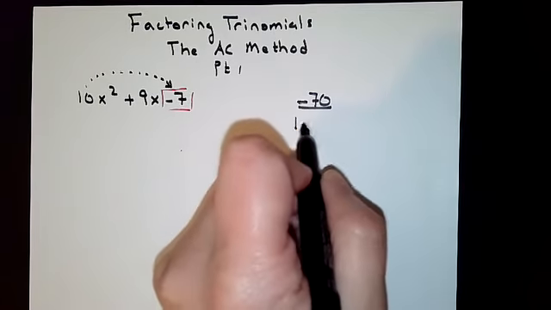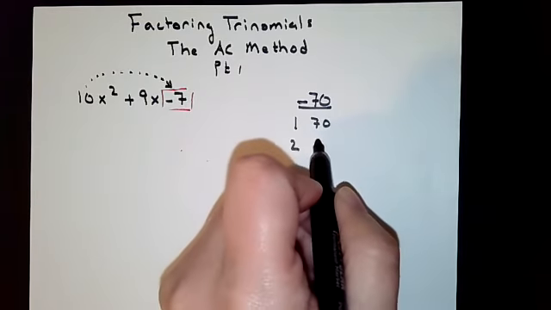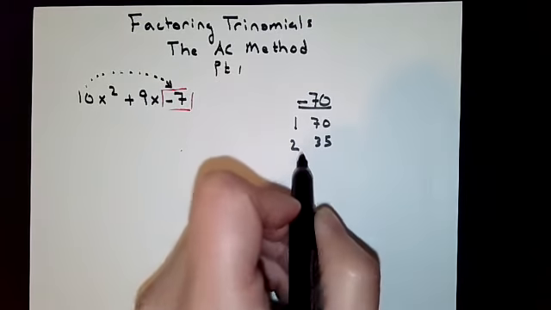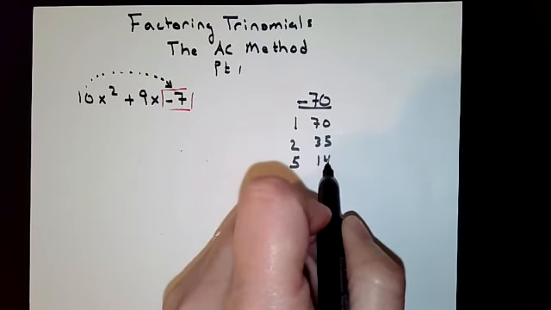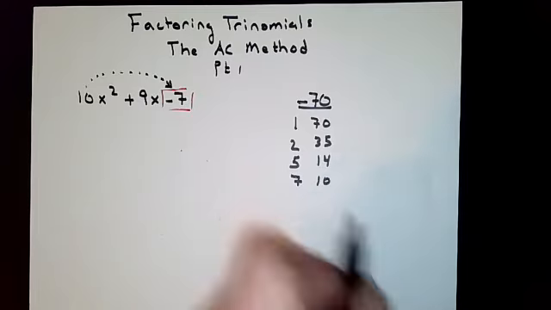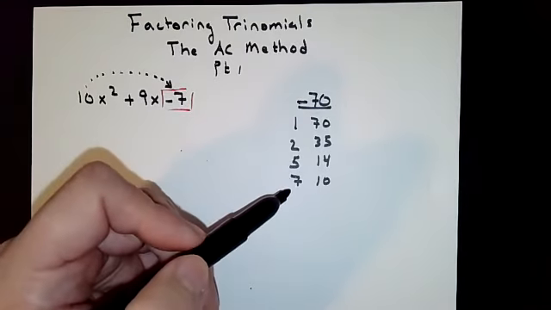Well, we could multiply 1 and 70. We could multiply 2 and 35. We could multiply 5 and 14. We could multiply 7 and 10. So these are the possibilities.